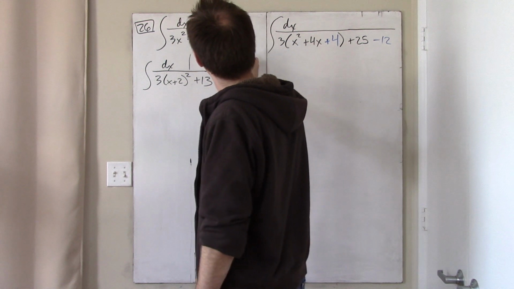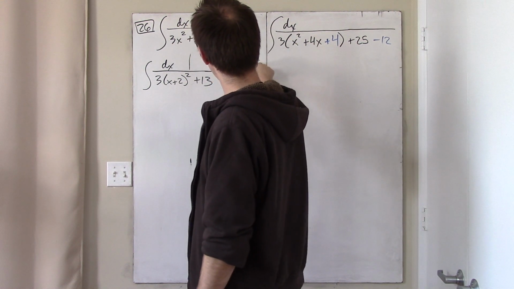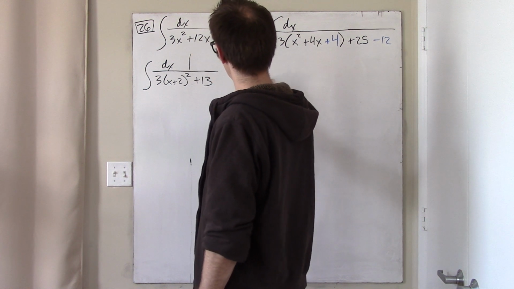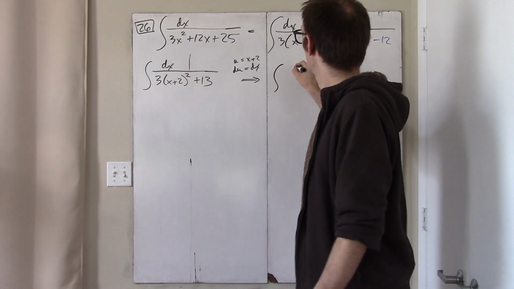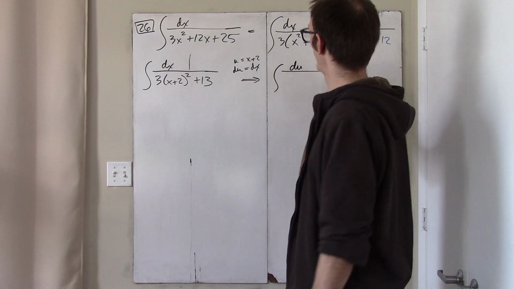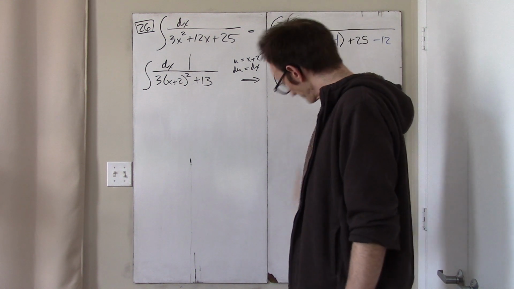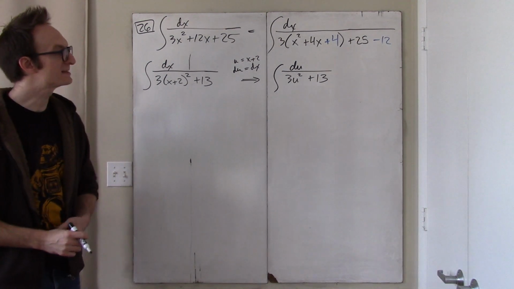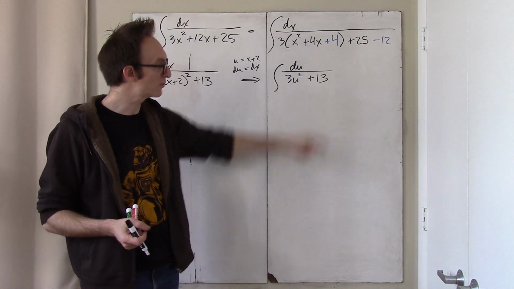And now I'm starting to recognize that it's just going to be arctan. Okay, I like to simplify in little pieces as I go. So if u is x plus 2, then du is just dx. And so I'm going to seize the opportunity to simplify my life a little bit, and rewrite this as du over 3u squared plus 13. And now it's starting to look like arctan, but the problem is that this needs to be a 1, and it isn't a 1.